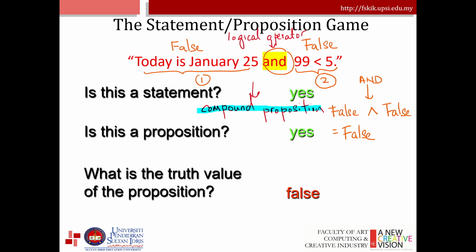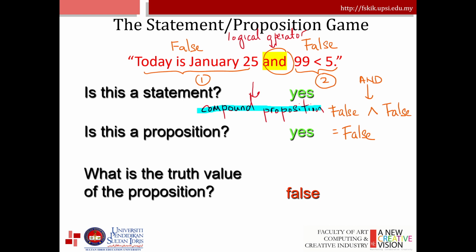Compound proposition is a proposition that involves the assembly of multiple statements. If we have only one statement, it is not called a compound proposition. Later we discuss this one.